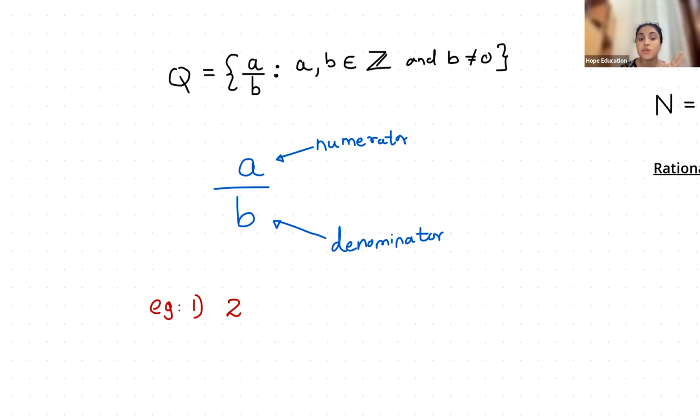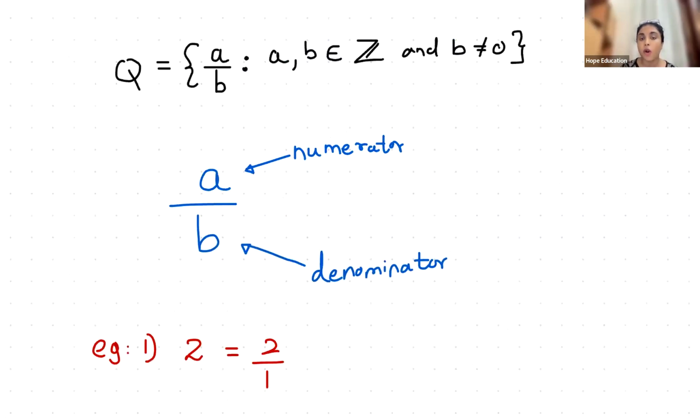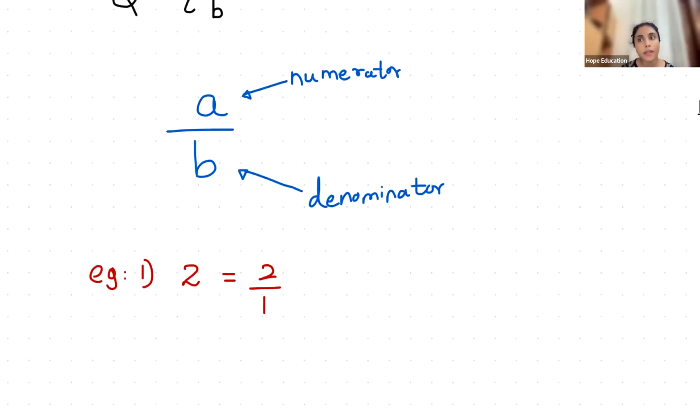Yes. Number 2 is a fraction because we can write number 2 as 2 over 1. And 2 over 1 is in fact a fraction. A and B, or numerator and denominator, should be integers. Look, the numerator is an integer, that is number 2. The denominator is also an integer because it's 1. Both are integers.